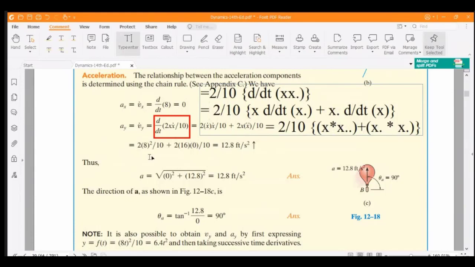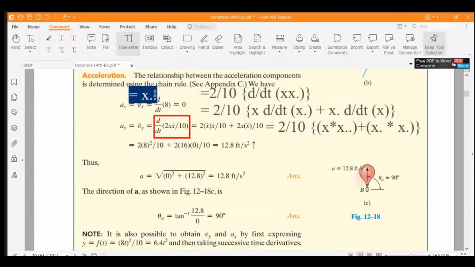So as you know, this v dot equals what? Can anyone tell me? X double dot, sir. Yes, this one equals x double dot. We have seen it before, that v dot equals x double dot.